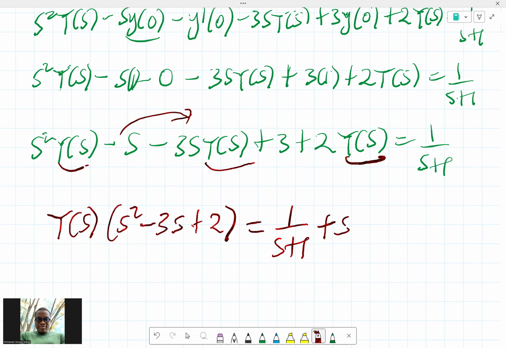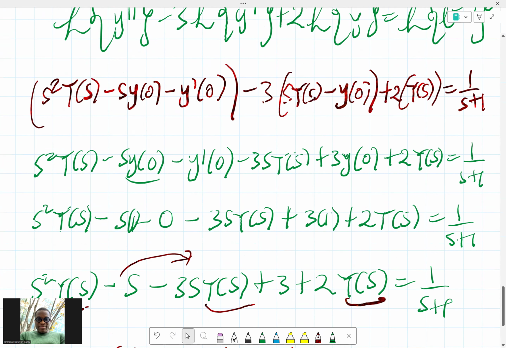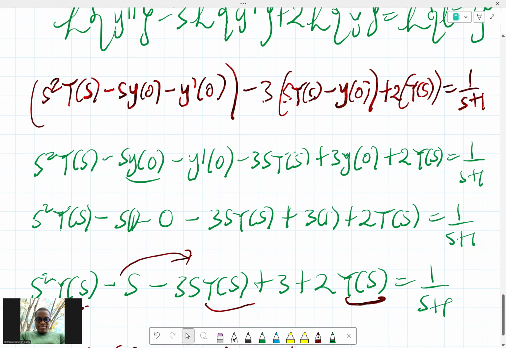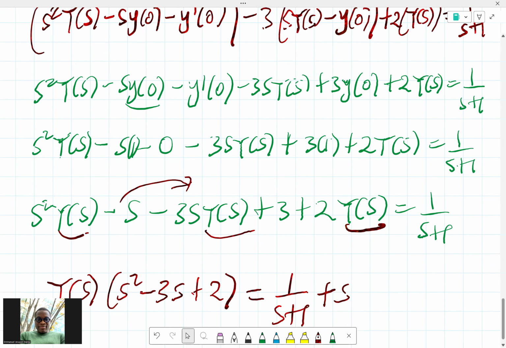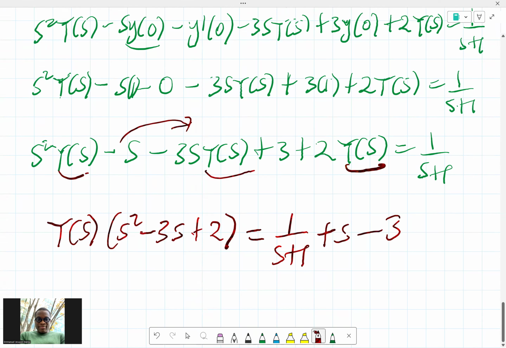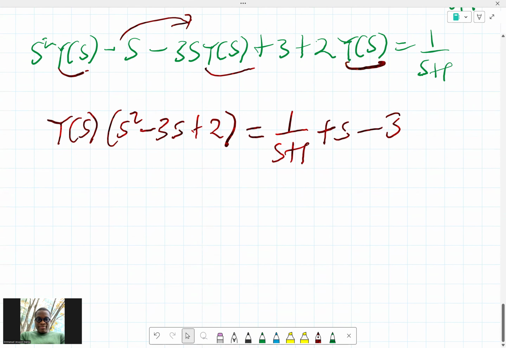The 3 also goes. This 3 is plus 3, right? So when it goes to the other side, it becomes minus 3. Yeah, it's plus 3, so it becomes minus 3 here.